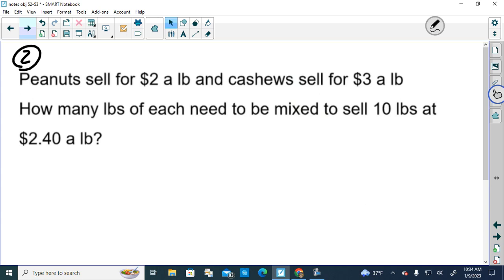Similar to the one we just did, except instead of adults and students, you have peanuts and cashews. You're just going to add the two mixtures together, right? I don't know how much I have yet. So peanuts and cashews to get a mixture of how many total pounds? 10.